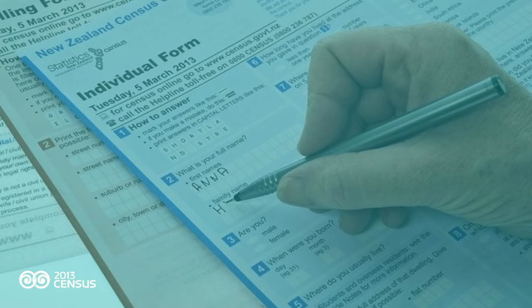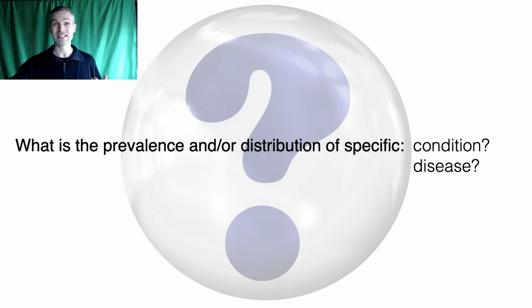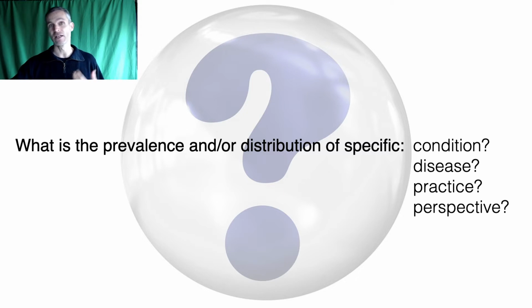And the best way to understand cross-sectional research is to contrast it with longitudinal type research designs where data is collected at multiple time points. In health-related research, cross-sectional studies tend to address questions such as what is the prevalence or distribution of a specific condition, disease, practice, perspective, opinion, and so on.